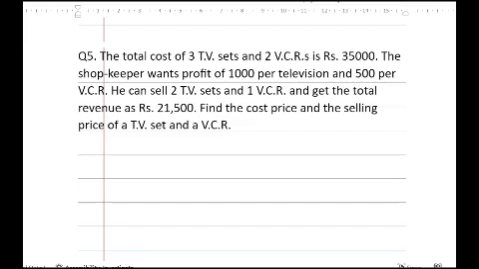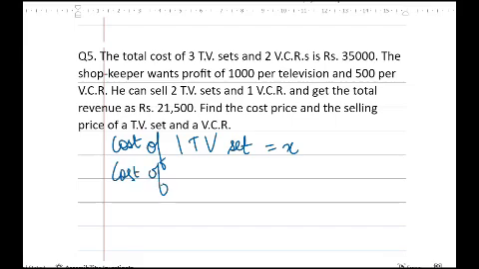You'll have to work hard to even make the matrices, think of what transformations to apply. Linear, you can see it like that. So let us see. Cost of 1 TV set equals x and cost of 1 VCR is equal to y.